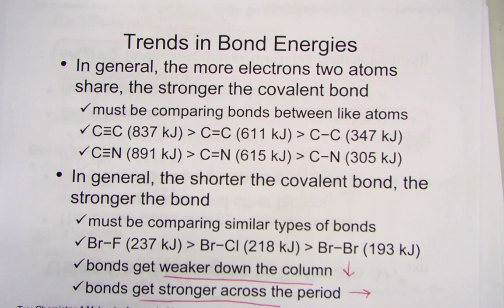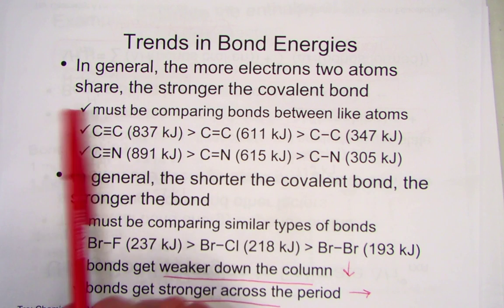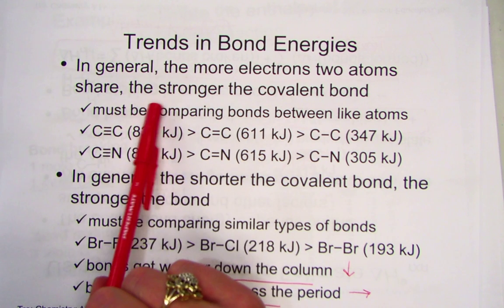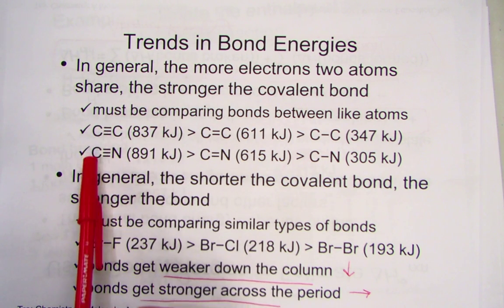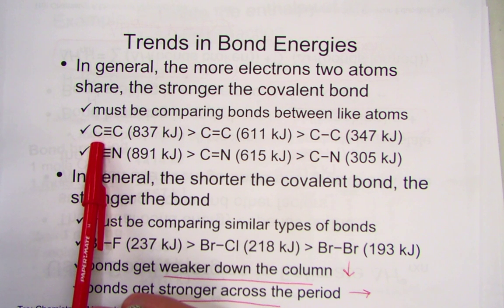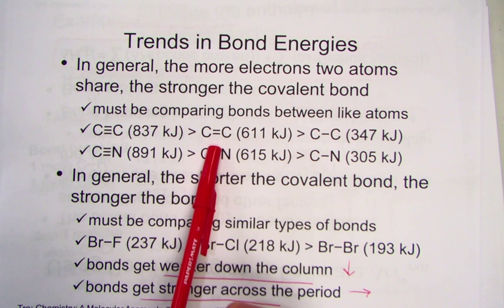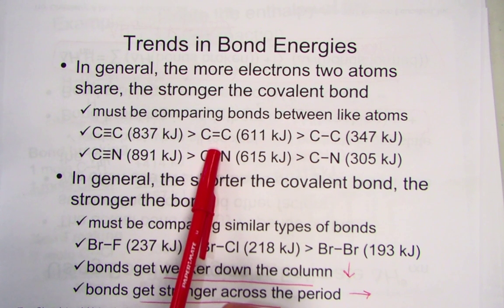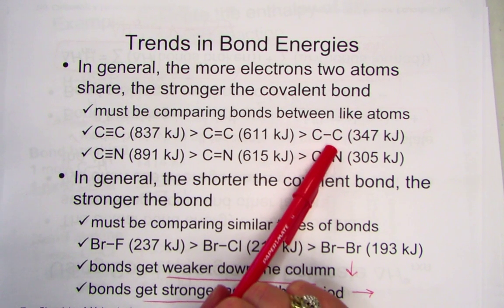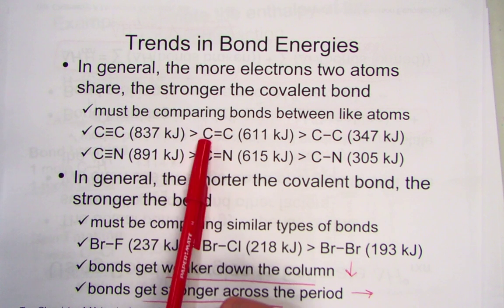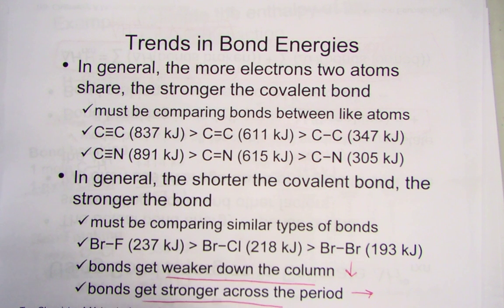We'll talk about trends in the bond energies. This slide is saying the more electrons that 2 atoms share, the stronger the covalent bond will be. Notice that a triple bond carbon requires much more energy to break than a double bond carbon, compared to even a single bond carbon. The more bonds between 2 atoms, the more energy is required to break them.